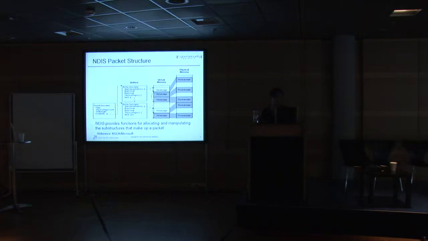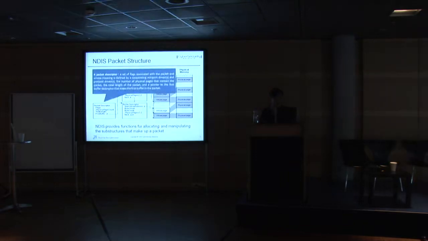This diagram shows you the relationship between NDIS packet, NDIS buffer, and virtual memory. The packet descriptor contains the private area for the miniport driver and protocol driver. It contains a set of flags associated with the packet, whose meaning is defined by a cooperating miniport driver and TDI driver.